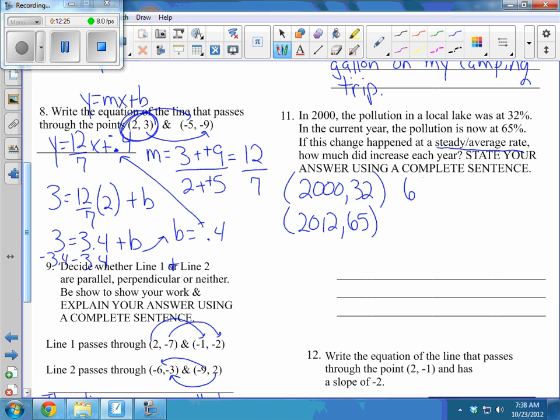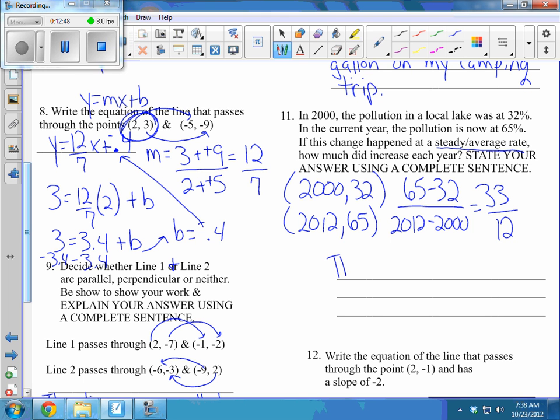So if I just subtract my y's over my x's, 12 years have gone by and my pollution rate is at 33. So now I'm going to divide them because that's how much it's changed in 12 years. I want to know per year. So when I divide, I get 2.75.